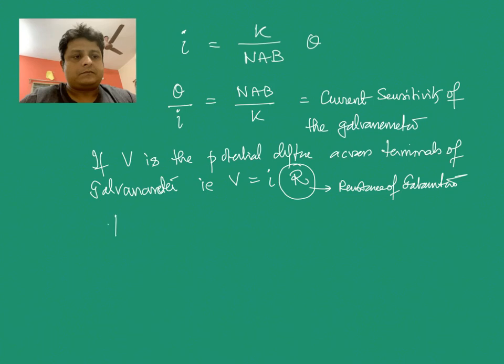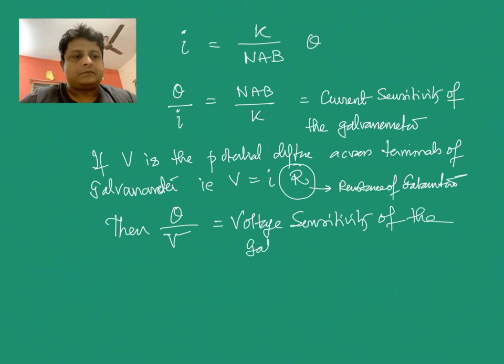Then this term theta divided by V, that means theta for unit voltage, is known as the voltage sensitivity of the galvanometer. So this was our brief study of the moving coil galvanometer, and we have already learned the tangent galvanometer before.